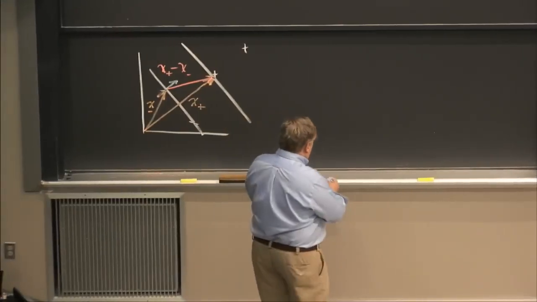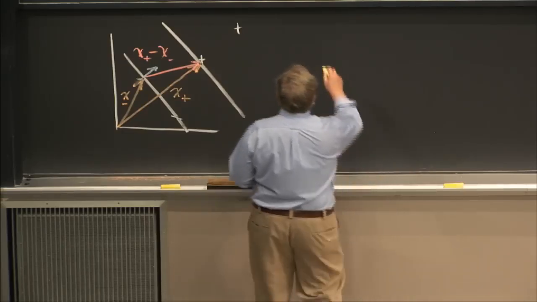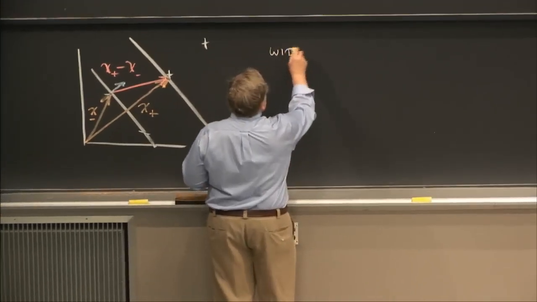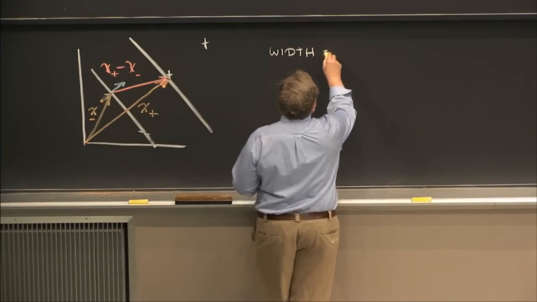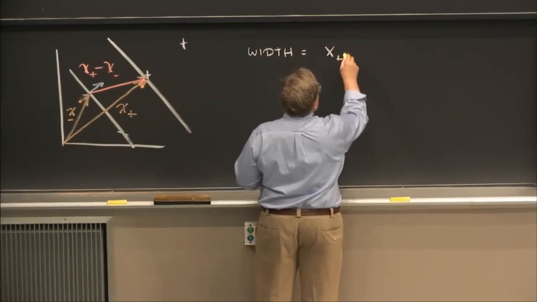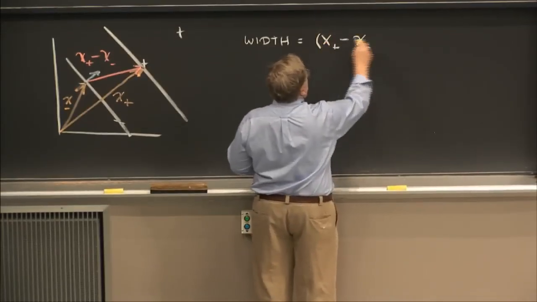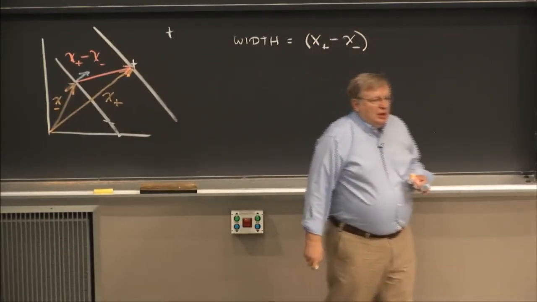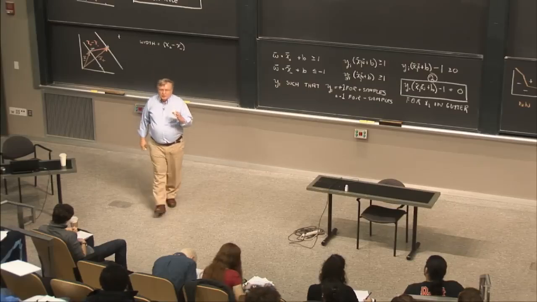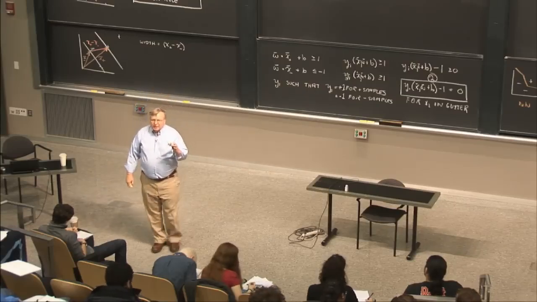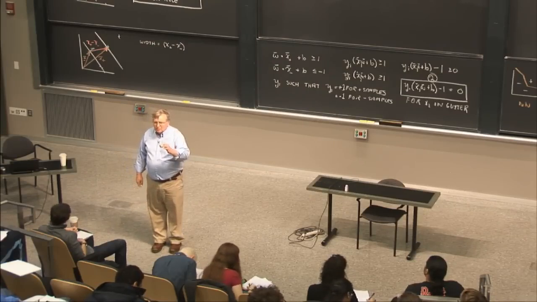So let me write that down before I forget. The width is equal to x plus minus x minus, okay? That's the difference vector, and now I've got to multiply it by a unit vector. But wait a minute, I said that w is a normal, right?